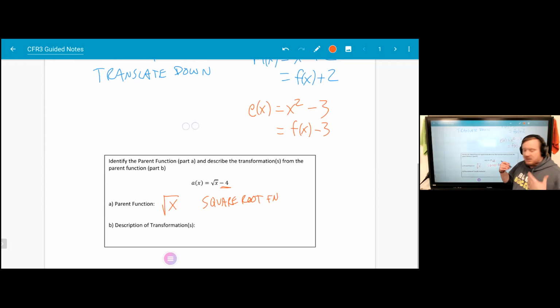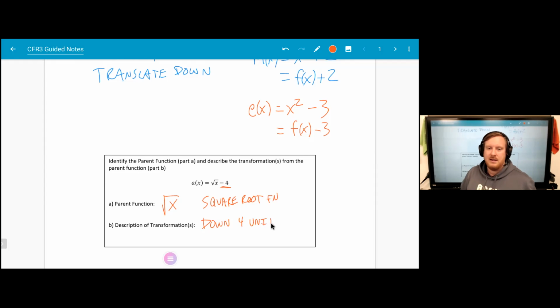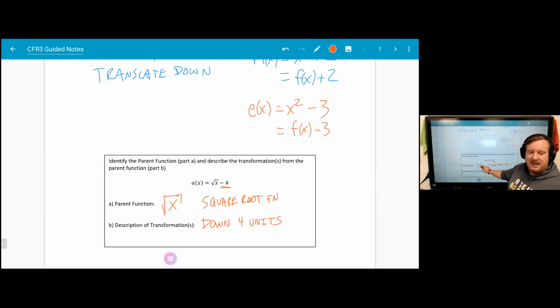So my description is translates down 4 units. Okay, that's the first part. I know it might not be the most glamorous in here, but that is our first part. Also, I put a hook on the end of my radical symbol, so you know that's the end of it. That'll make more sense later.